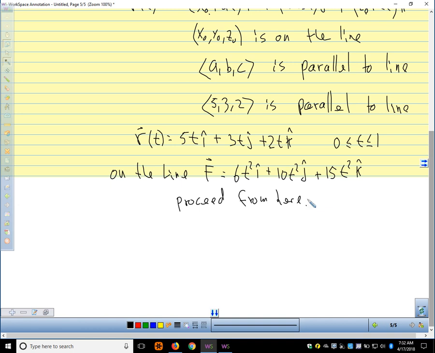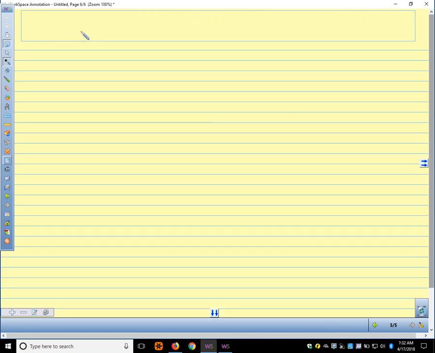All right, so let's find a connection between vector line integrals and scalar line integrals. That is what we call the differential form.